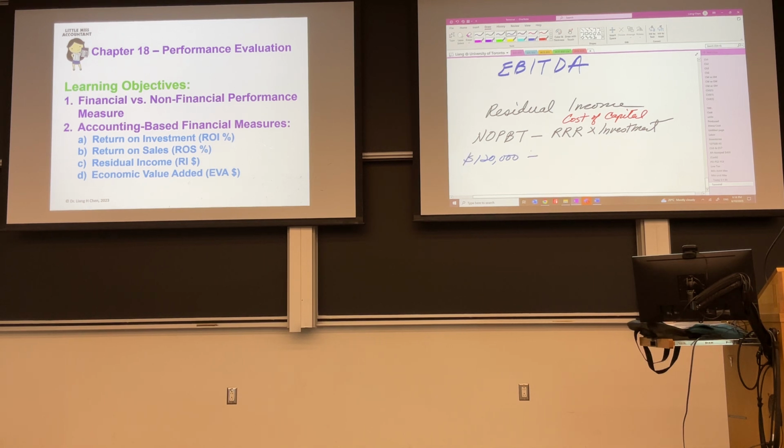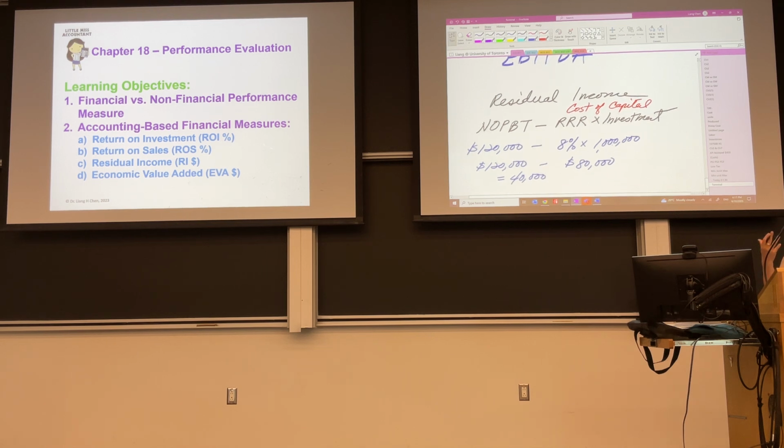Required rate of return, let's say 8%. Investment is $1 million. So the cost of using other people's money is $80,000. Your profit before tax is $120,000, so you have $40,000 leftover profit.